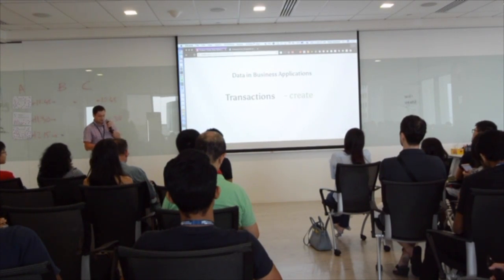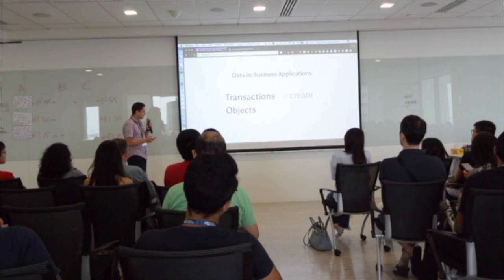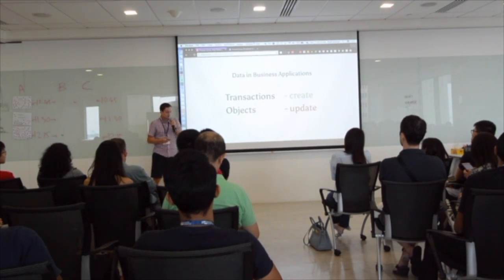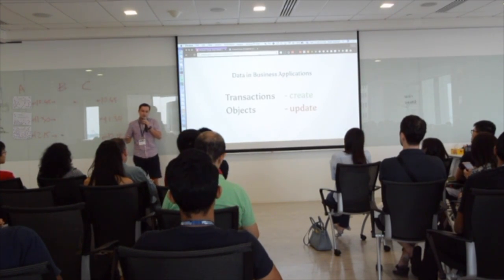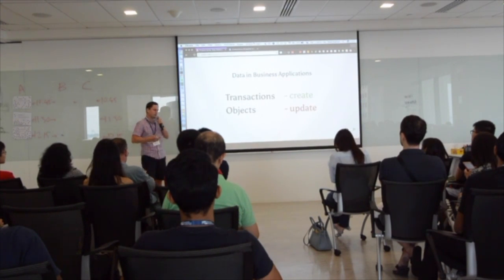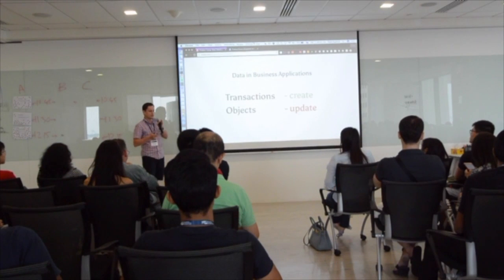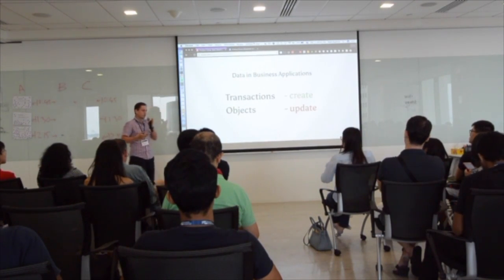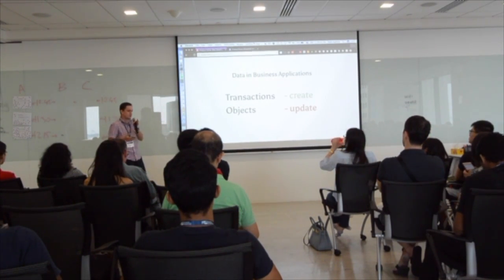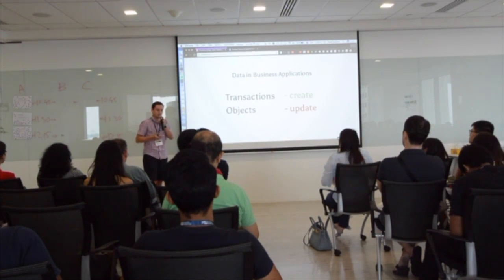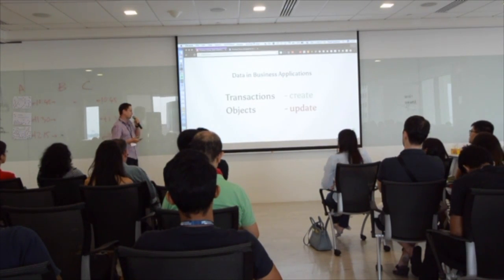But what we also have in business applications is objects, right? By objects I mean some entities like user profiles, or maybe profiles of drivers, profiles of your employees, profiles of assets like vehicles, for example, or facilities, whatever it might be.